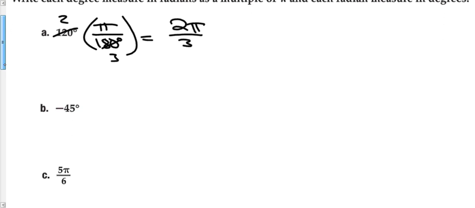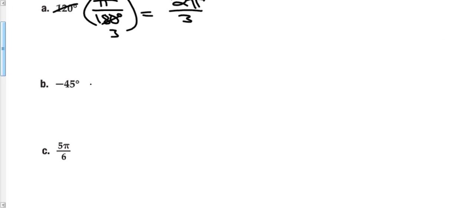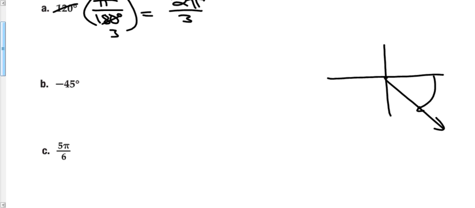With negative 45 degrees, same thing. It's okay that this is negative. All a negative angle means is that we're going this way, so negative 45 degrees is something like that. Change this into radians: we multiply by pi over 180 degrees.